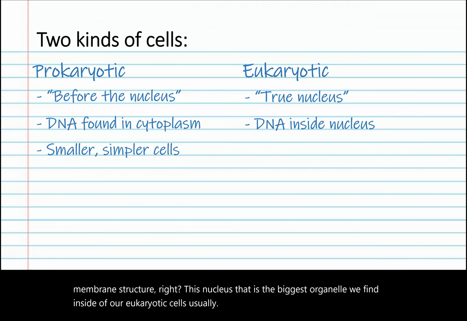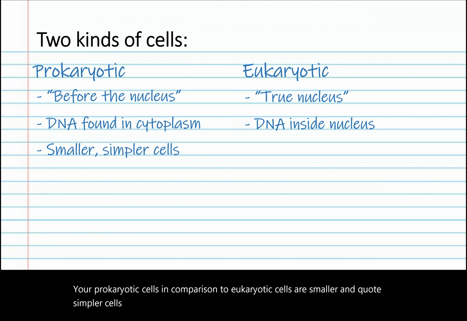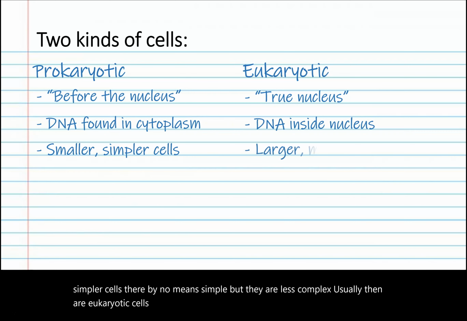Your prokaryotic cells in comparison to eukaryotic cells are smaller and, quote, simpler cells. They're by no means simple, but they're less complex usually than our eukaryotic cells. And our eukaryotic cells tend to be larger and they tend to have more internal features to them.